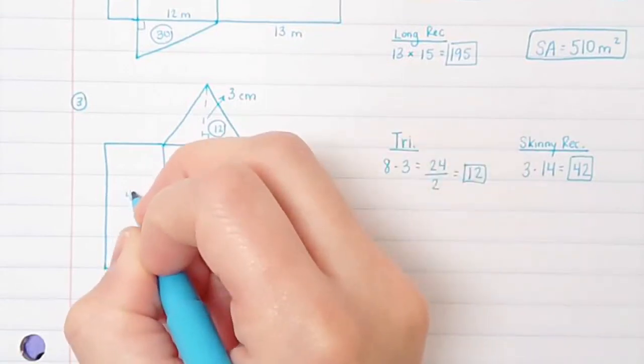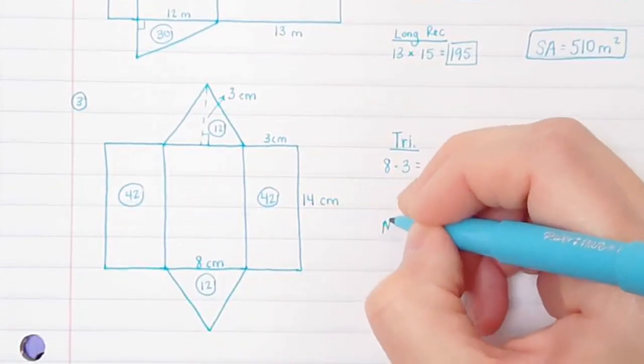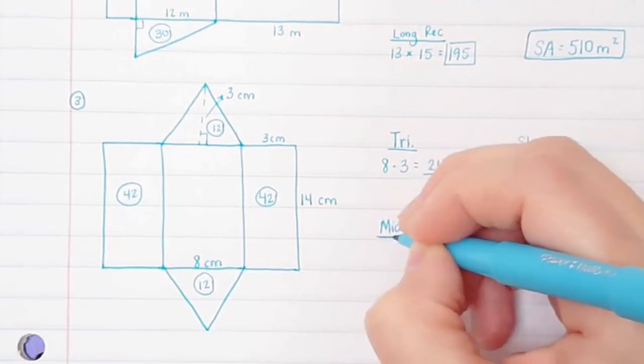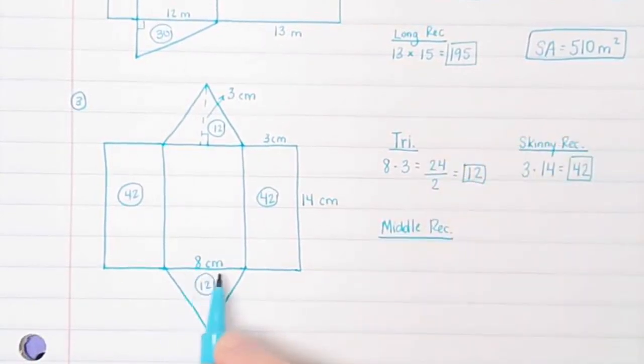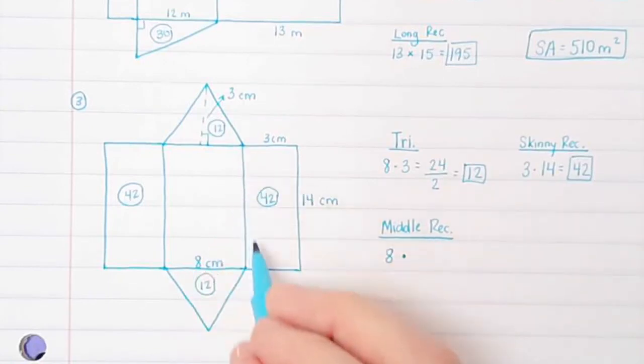Okay? Now I just got to do that middle rectangle. All right, which means my base down here, or my length, is 8. This side right here is not labeled, but it is, remember, because if this side's 14, then this side has to be 14.